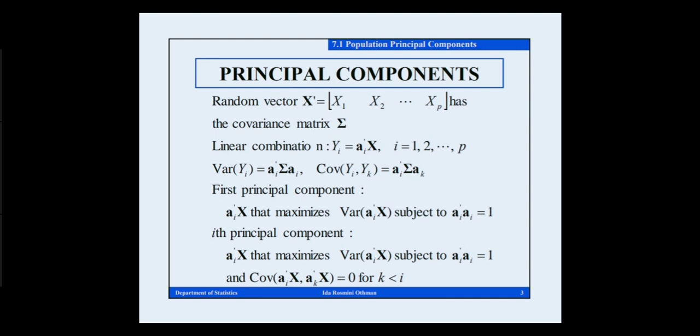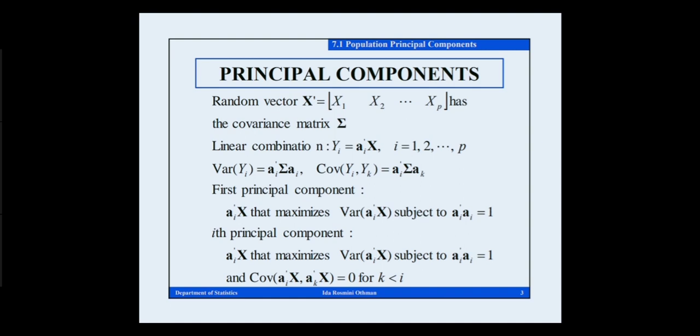You can refer to page 431. So we will have yi up to p, which is the linear combinations y1 until yp.